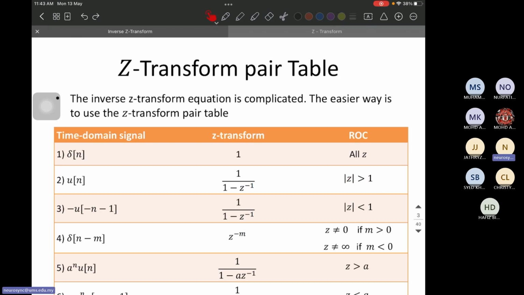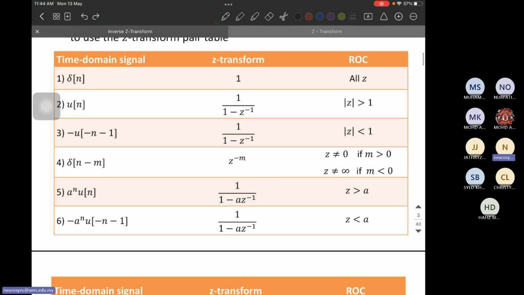If a to the power n is multiplied with the unit step, the Z transform is 1 by 1 minus a z inverse, and the region of convergence is mod z greater than a.